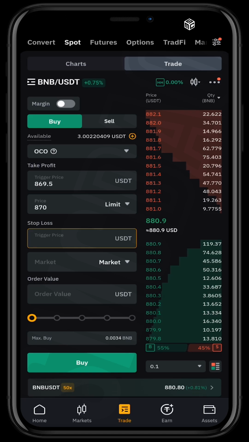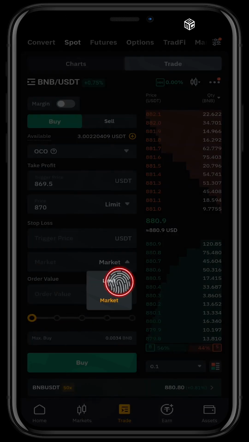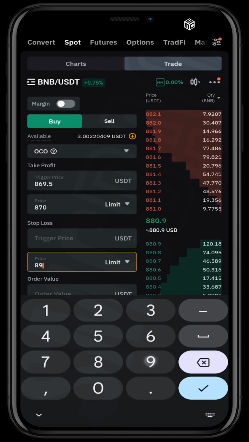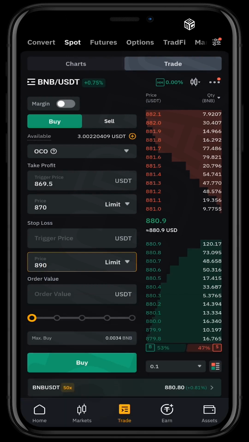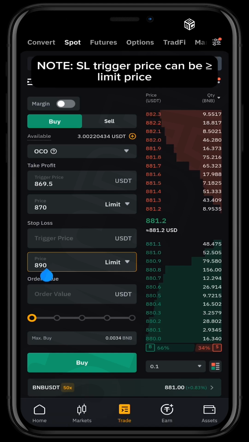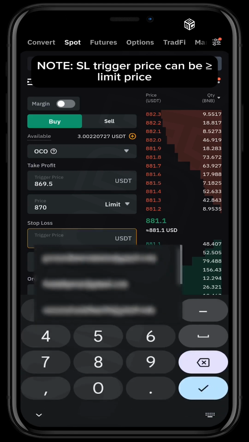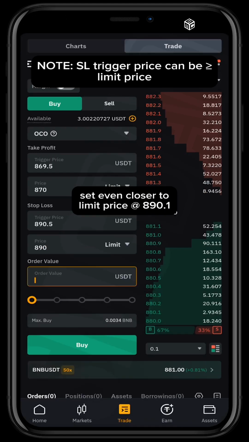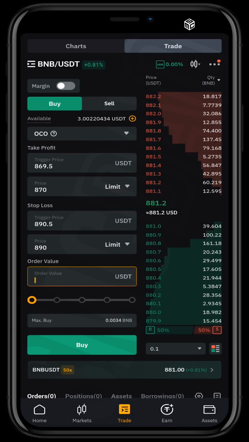So that we don't miss out, we can set our limit to be $890, and then the trigger price, the price at which we want this order to go live. Your stop loss trigger price should be just a bit higher than your limit price. So we're going to set it to 890.5.